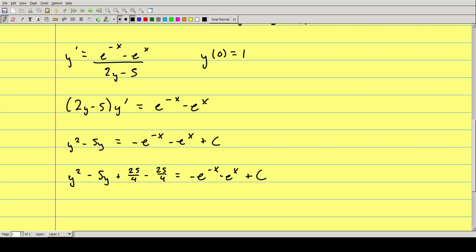But we need half of 5, and then we square it, which is where we get 25 fourths. Okay? We add and subtract it to add 0. And we can do the same thing where the negative 25 fourths gets absorbed by the constant of integration.